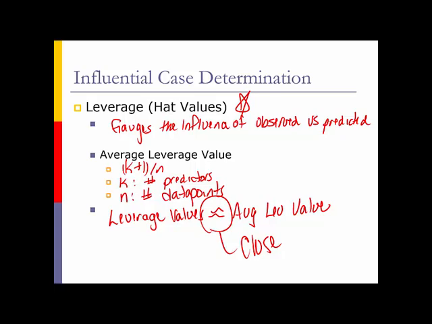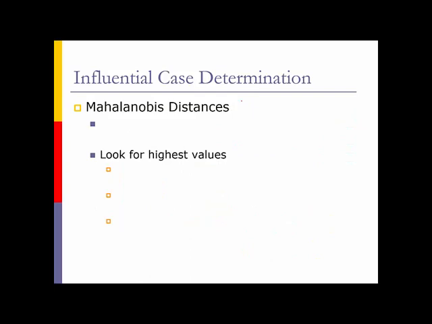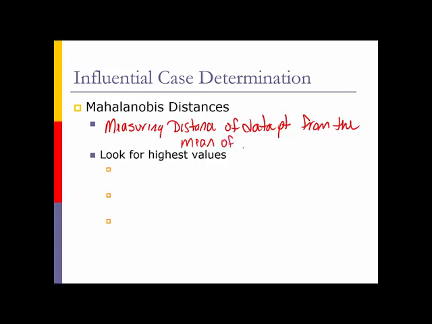And we've got a fourth one, the Mahalanobis distance. This is really measuring the distance of the data point from the mean value of the predictor.